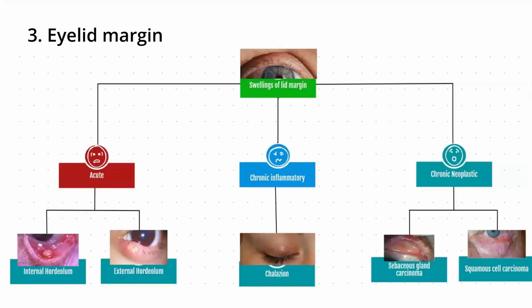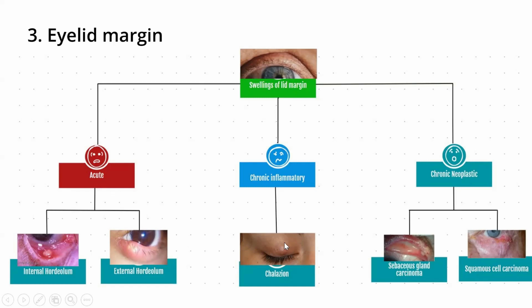Now, once you've done with the eyelid margin, you can appreciate the swellings. If there are swellings, you will see them in the lid margin, which can be acute inflammatory, chronic inflammatory, or chronic neoplastic. In acute cases, they'll be red. You will see pus pointing. It can be either an internal hordeolum, which is a meibomian gland inflammation, or a cyst of Zeis associated with the eyelashes, which is an external hordeolum.